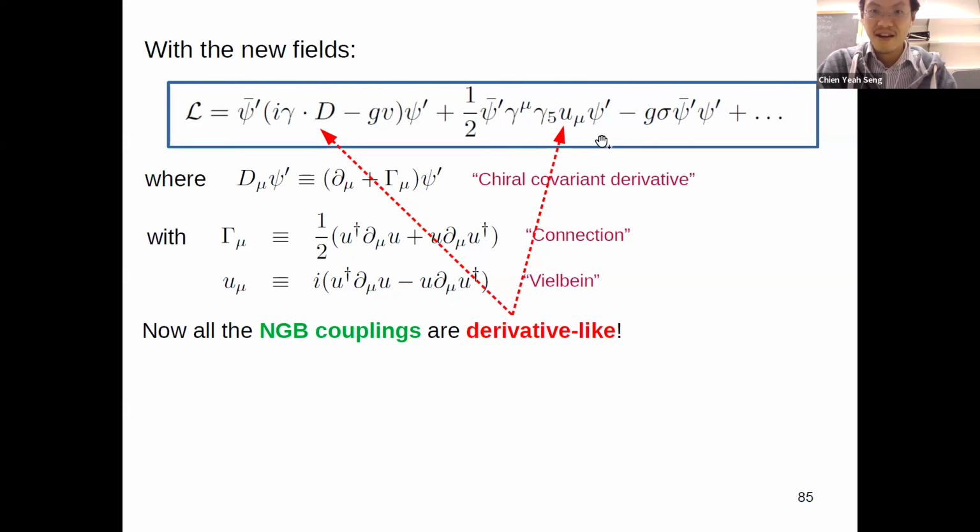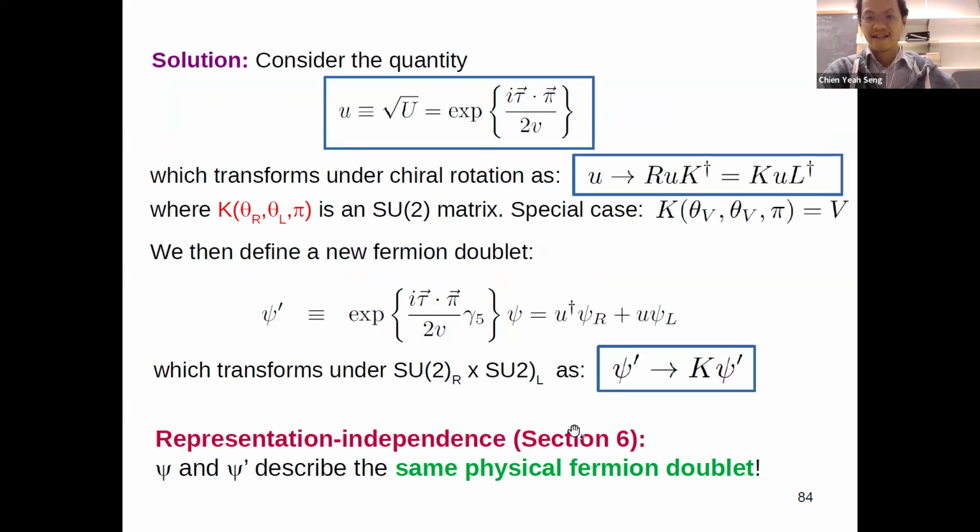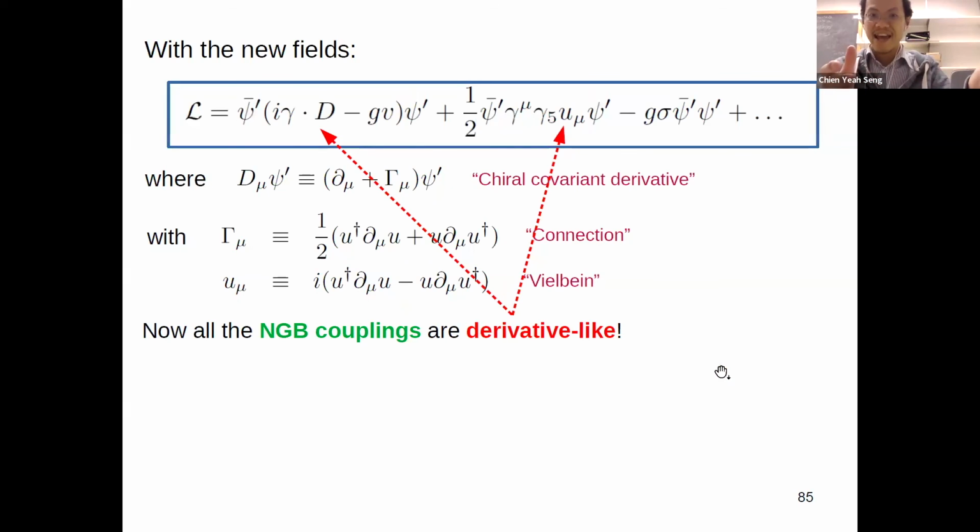And the other term here involves another axial vector, which we call the Feldbein. This is a German term. Feld means field, bein means leg. And this term is also derivative-like because it involves derivatives of the u. So the lesson we learned is that if we define the fermion field to transform like K times psi, then in this language, we can write the Lagrangian in a way that all the couplings are derivative-like. And in that case, the momentum suppression is more explicit.